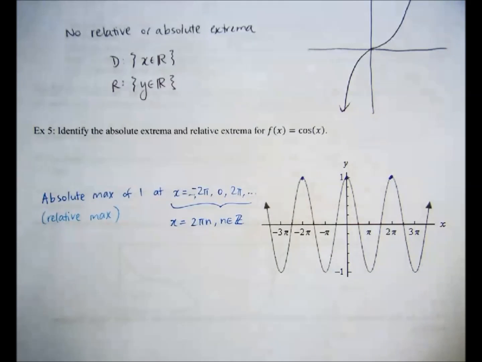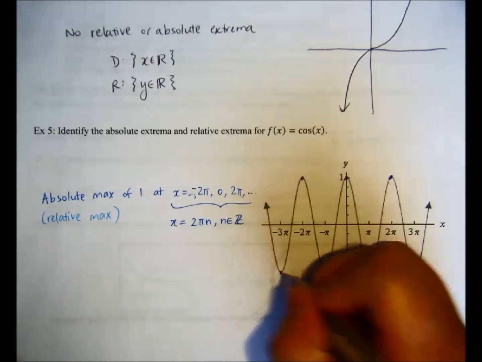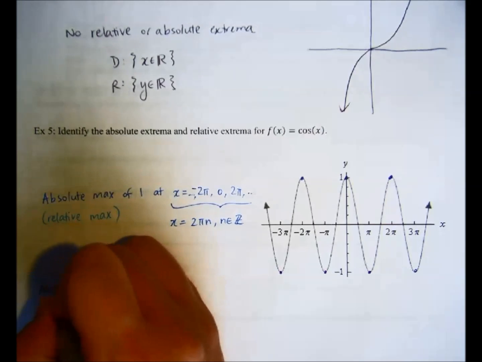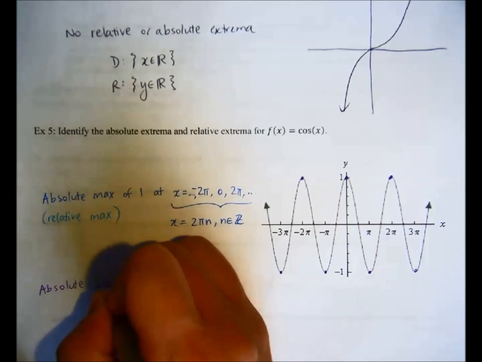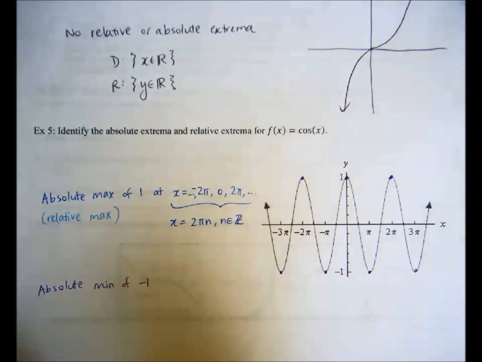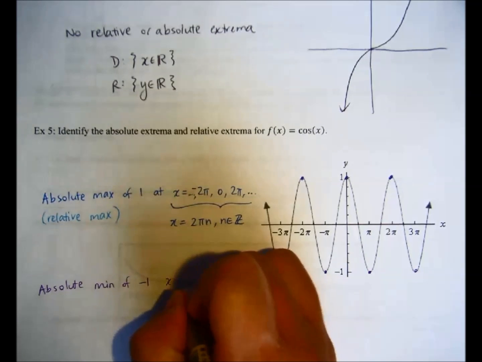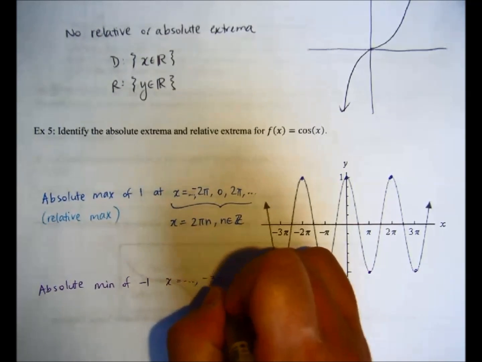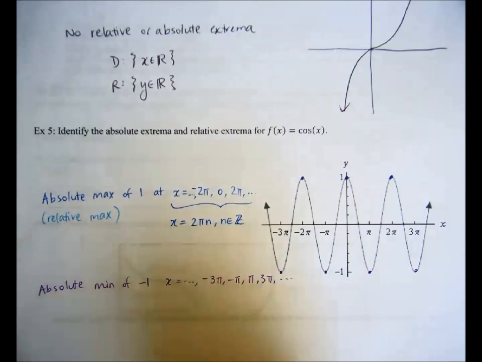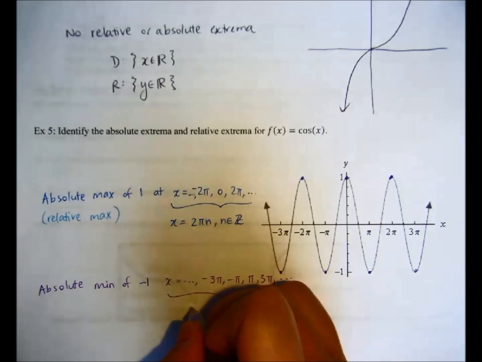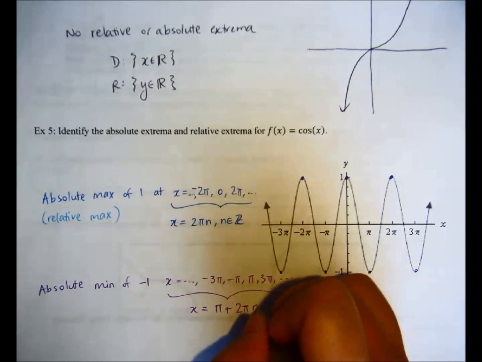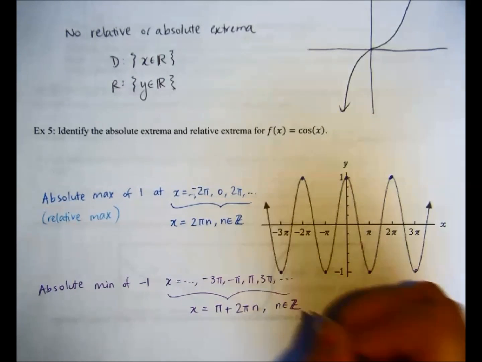And then at these points down here, we are going to have our absolute minimums. So our absolute minimums of negative 1 at x equals negative 3 pi, negative pi, pi, 3 pi, etc. Again, in general equation form, we write this as x equals pi plus 2 pi n, where n belongs to the set of integers.